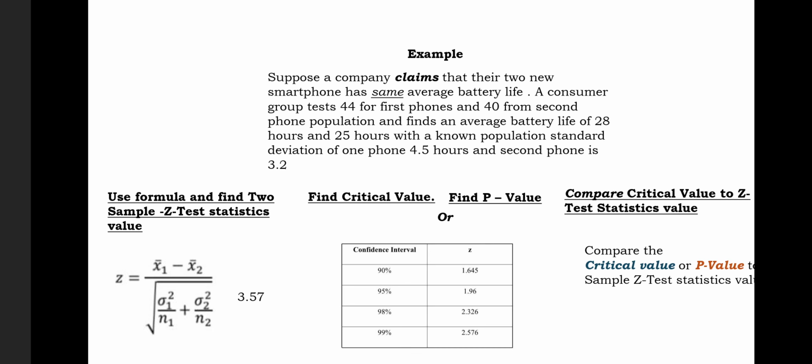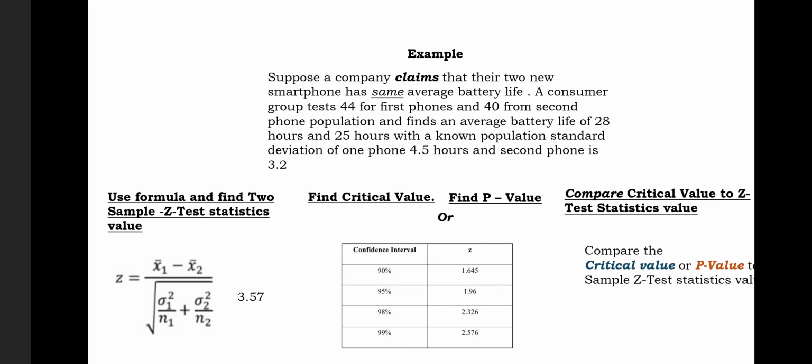We will compare the critical value to our z-test statistic value. When we compare the critical value or p-value to the sample z-test statistic value, what do we find out? If your z-test statistic value is greater than the critical value, you will believe that your alternative hypothesis is right. If your z-test statistic value is less than the critical value, you believe that the null hypothesis is right and you cannot reject it.